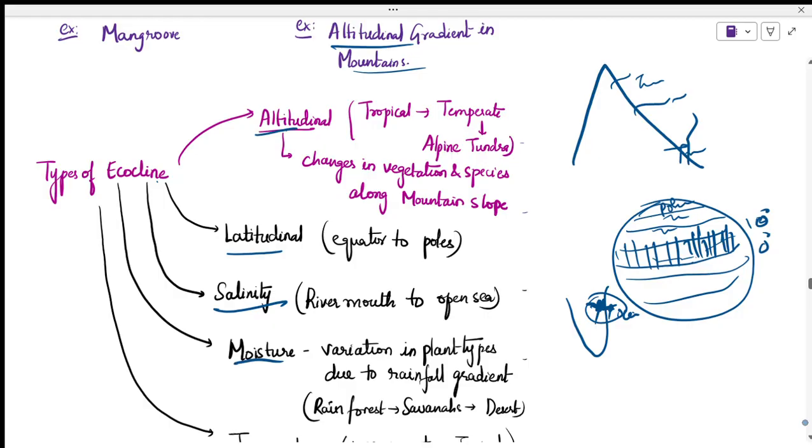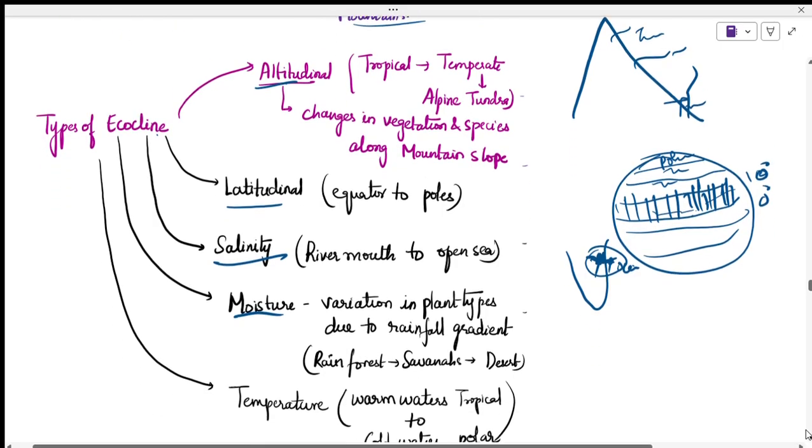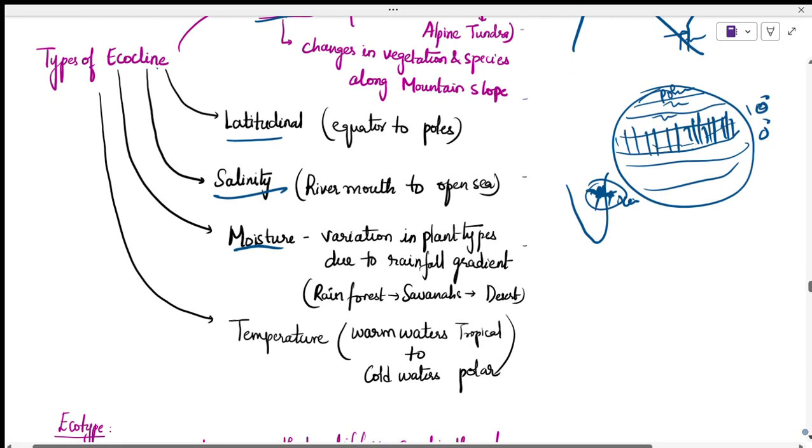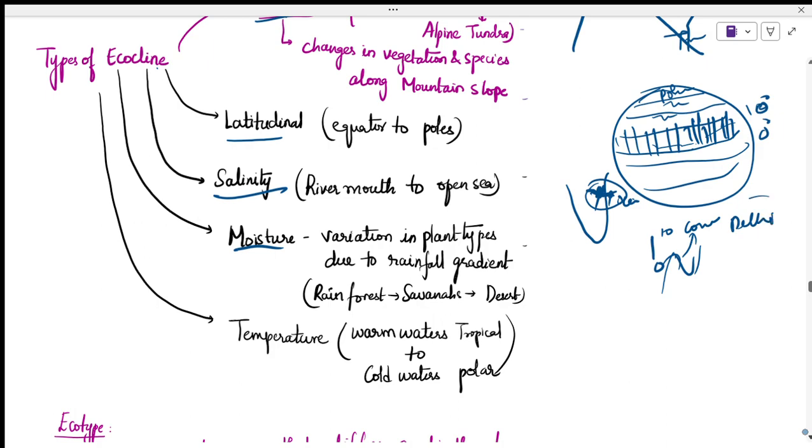Moisture. Okay. We can see that between 0 to 10 degrees, if we are nearer to the ocean, there will be more moisture, and if you are farther from the ocean, in the continent, like Delhi, it won't have more humidity.